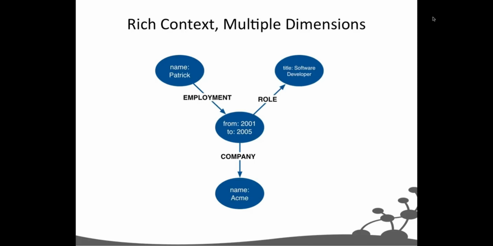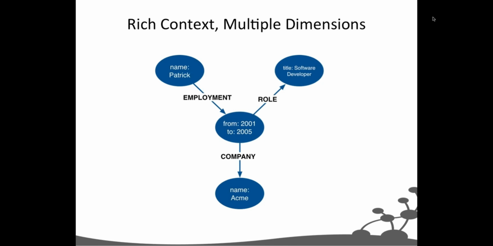Now, the nice thing is that this intermediate node probably actually represents something of genuine interest within your domain. Here, this node in the middle represents an instance of employment. It represents a job. So Patrick had the job with the role software developer at the company Acme. But now we've got that node, and we're attaching some additional properties to it.